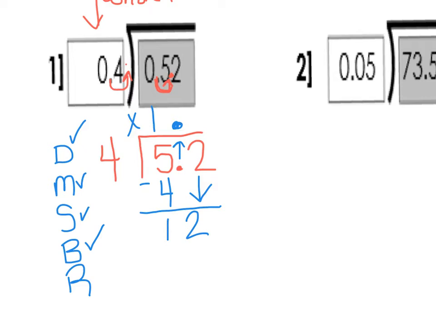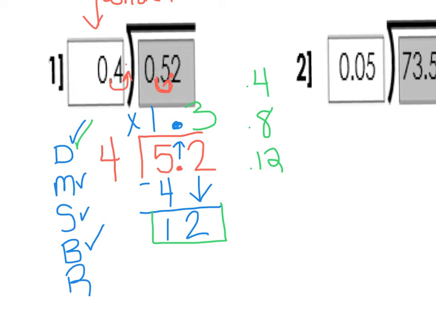We're going to divide 4 into 12 this time. 4 into 12. How many 4s are in 12? So let's skip count by 4s till we get to 12. 4, 8, 12. Okay, how many times did we skip count? We skip counted 1, 2, 3. So, 3.